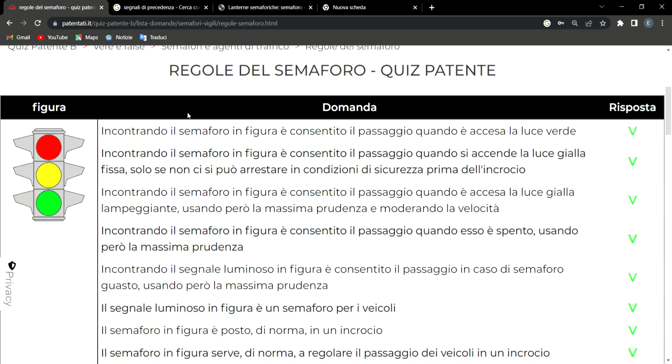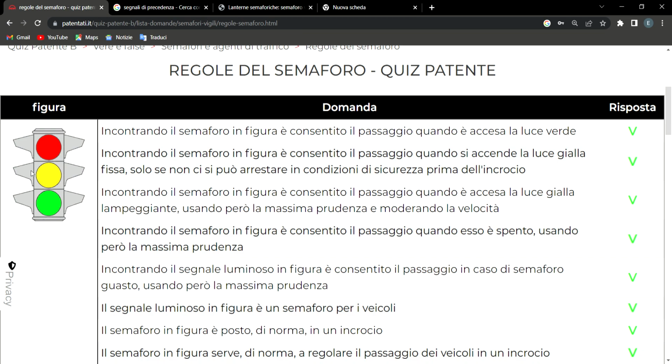So in this very video, we have some questions to quickly answer in respect to this very thing. This very symbol here is known as semaphore.